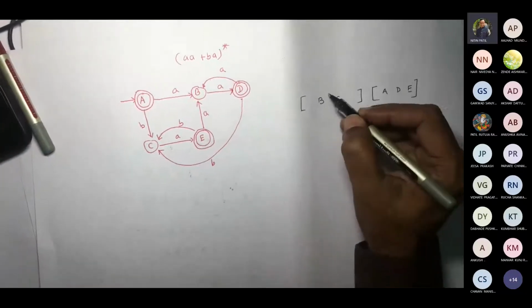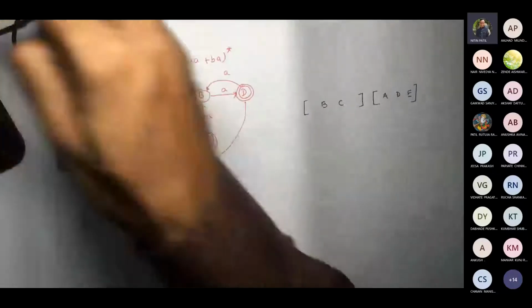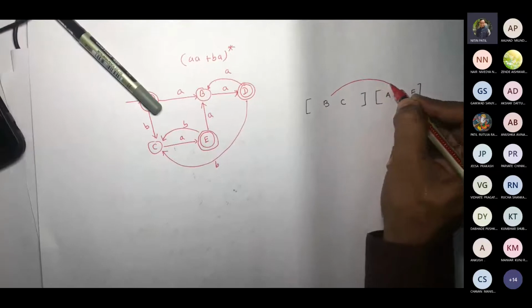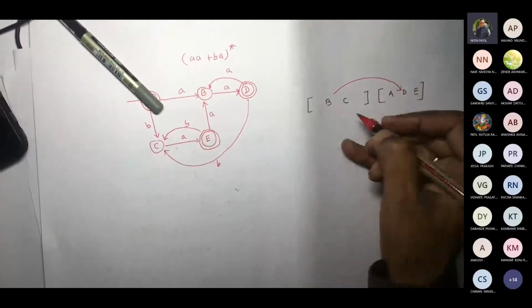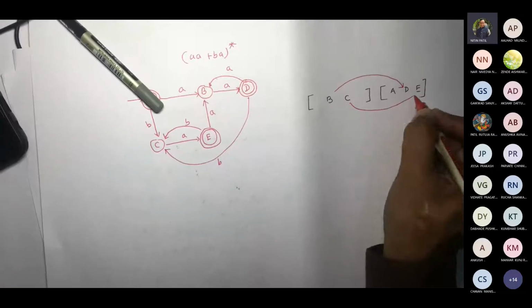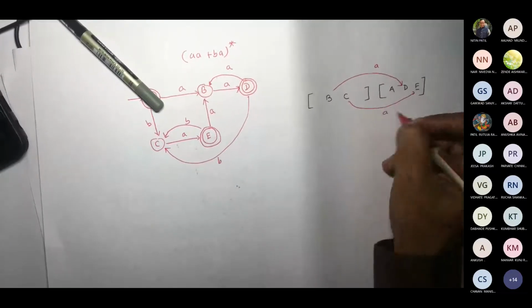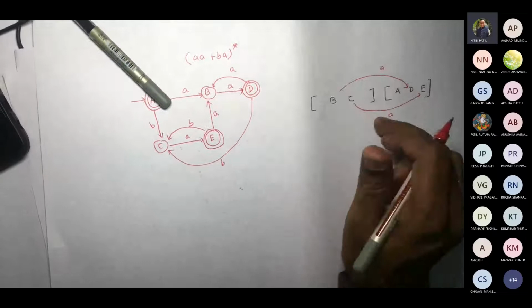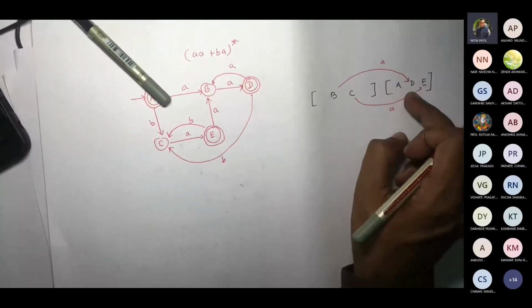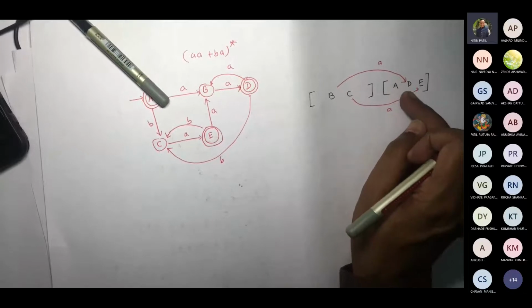They are going to different groups, correct? Let me draw it. From B with A, it goes to D, and from C with A, it goes to E. So they are going to states which are from the same group, but they are not the same state.